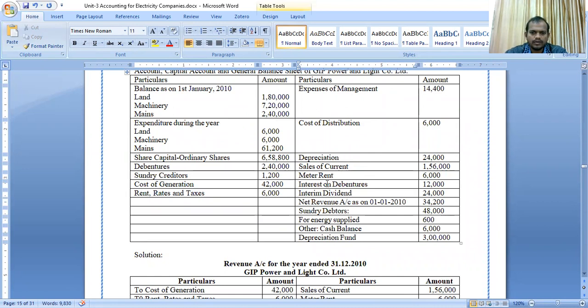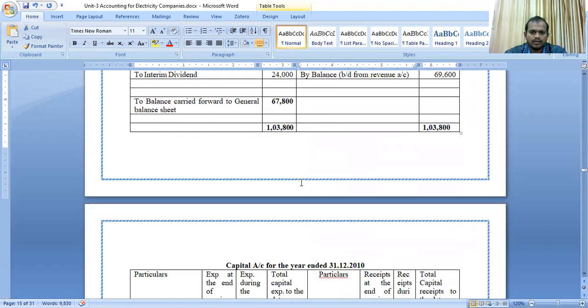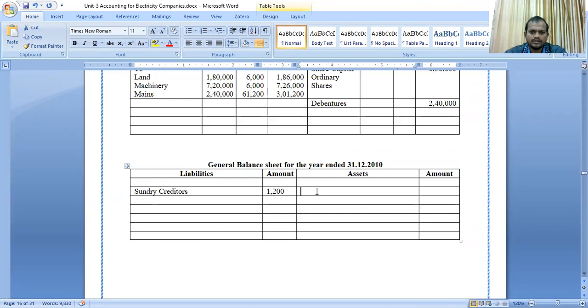So meter rent, revenue account. Interest on debentures, net revenue account. Interim dividend, net revenue account. Sundry debtors. So sundry debtors, the current assets, the general balance sheet. So this one also other current assets, cash balance, other current assets. So these three, we'll mention it in the general balance sheet.